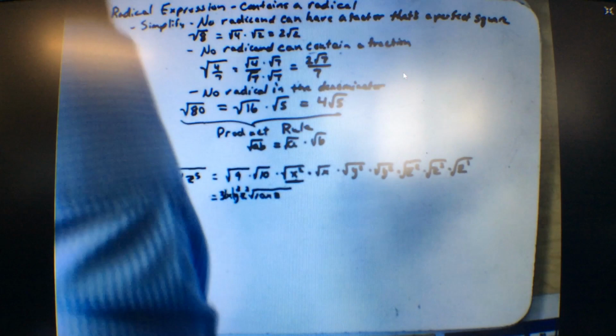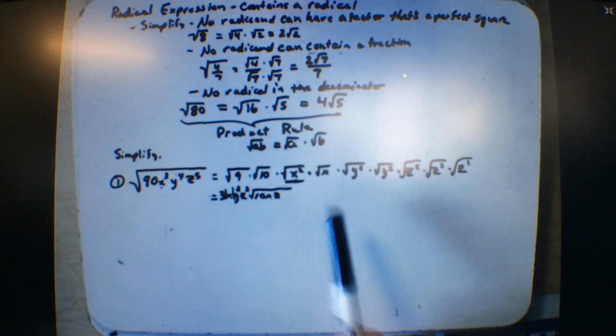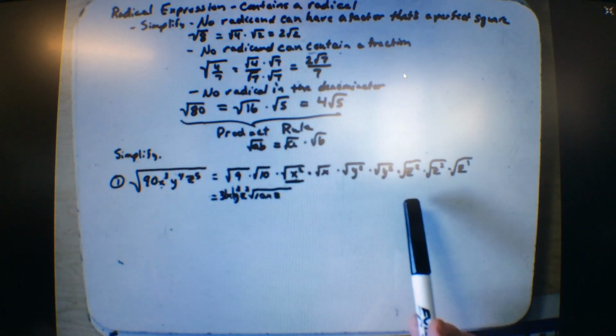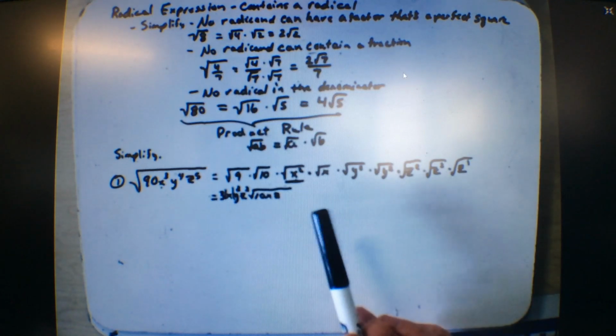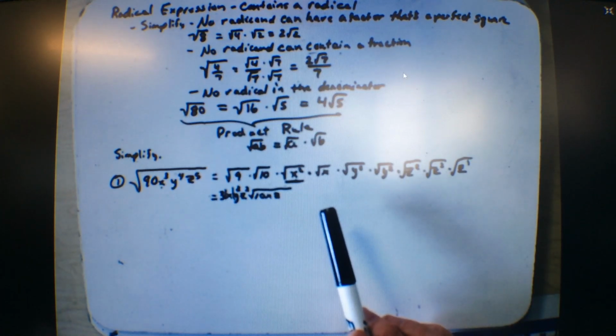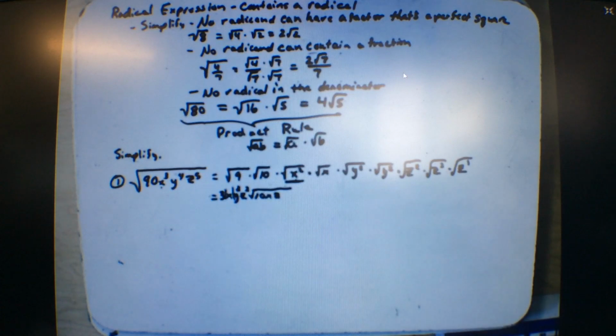Now don't think I'm just going to turn you loose without talking about this. This is a lot of work, isn't it? Wouldn't it be nice if we had a shorter method? Yes. All right, I'm going to give you a shorter method. You better learn it. Here we go.